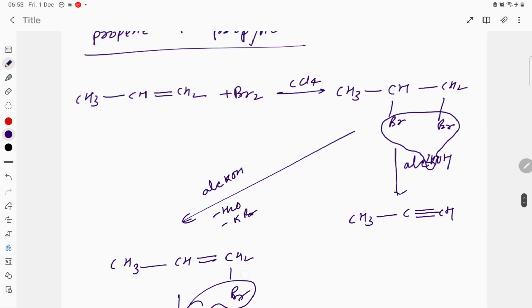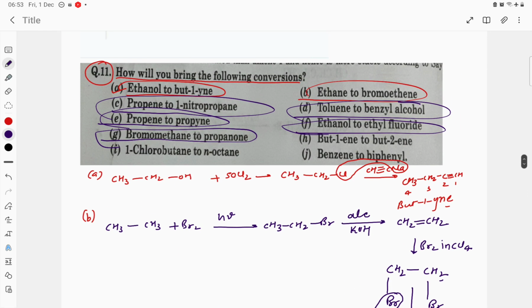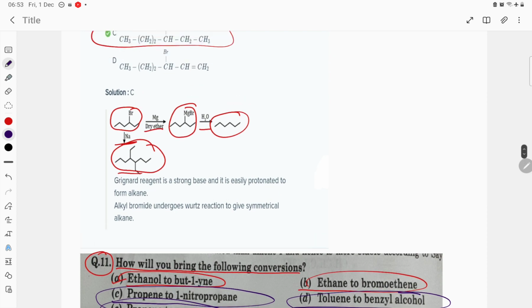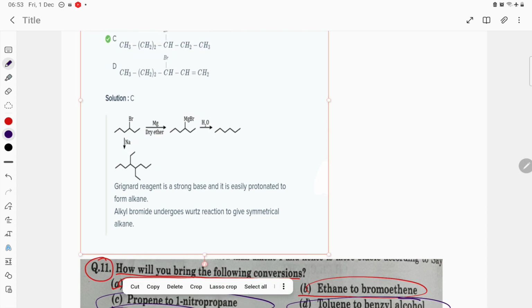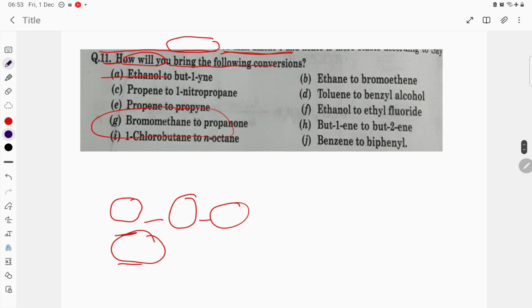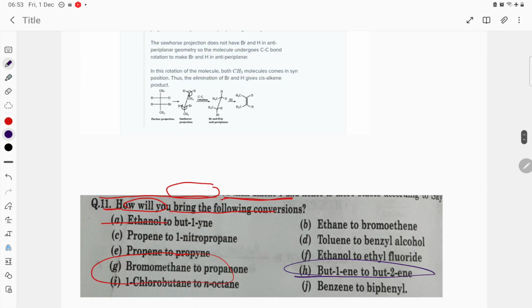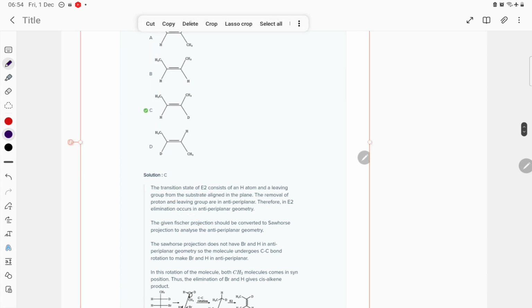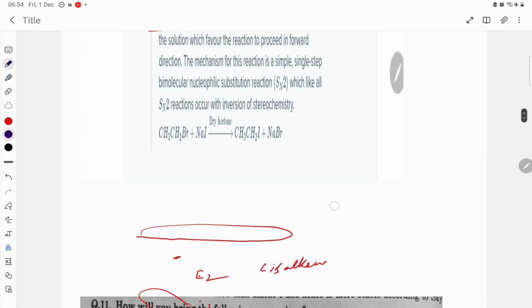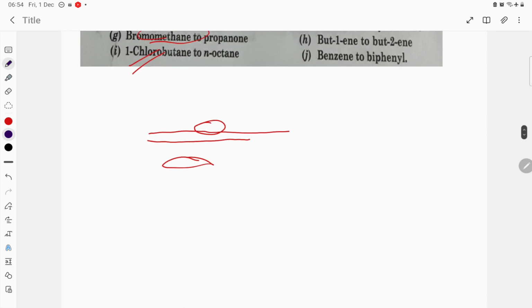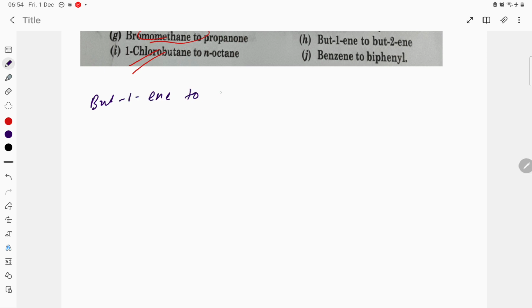Now let us see the next number. What is the next number, student? But-1-ene to but-2-ene. But-1-ene to but-2-ene.